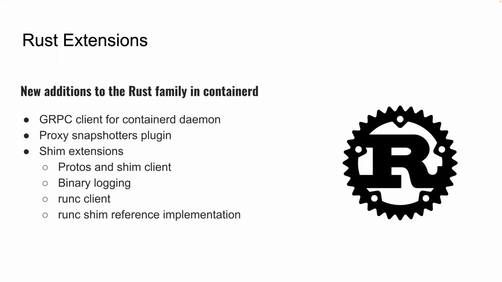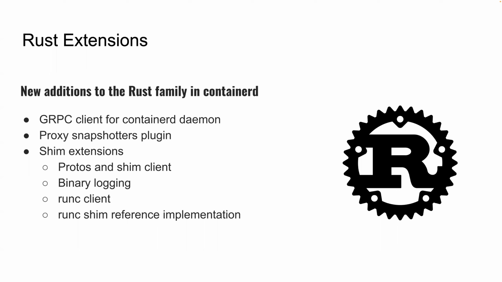I'm not going to spend too much time talking about Rust, but following the trend of having plugins and libraries in Rust, it certainly makes sense from where a lot of the low-level runtimes are going. We're seeing more and more of these low-level runtimes being implemented in Rust. From a plugin perspective, it makes a lot of sense, especially considering that for containerd itself, Go still works pretty well.